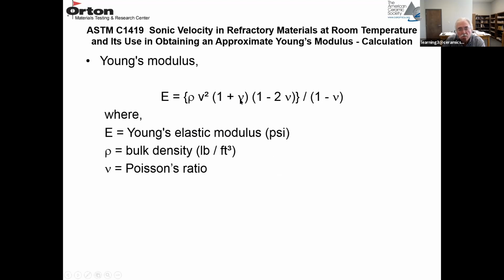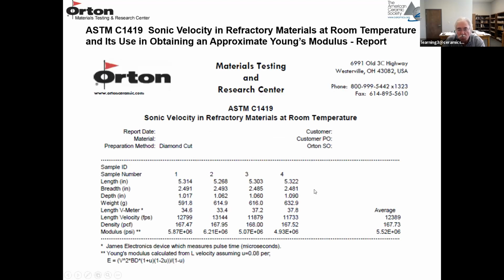Nu is mostly between 0.2 and 0.3. So you pick a value of nu and you can calculate E based on the velocity squared. It's an approximation, but since nu doesn't vary very much, it's not a bad approximation.